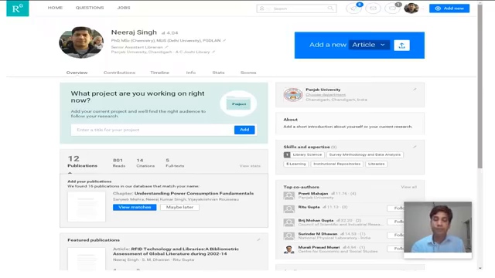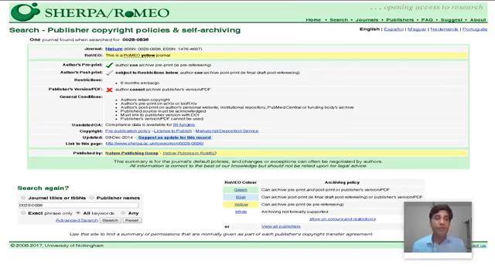For example, if you have published your research paper in a Nature journal, there are certain restrictions: you can't upload the publisher's version of the PDF in your own open access repository. Nature allows you to upload your research paper in an institutional repository or any open access platform, but only the preprint version. So if you want to promote your research paper after publishing with any publisher, it is better to consult this website, and you can search each and every journal's copyright policy through this platform.